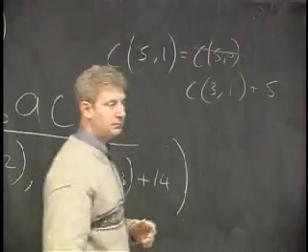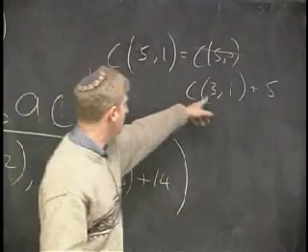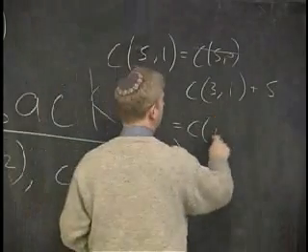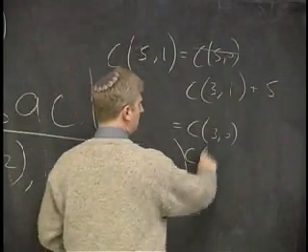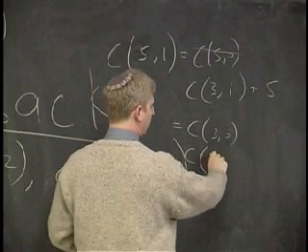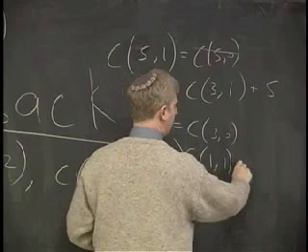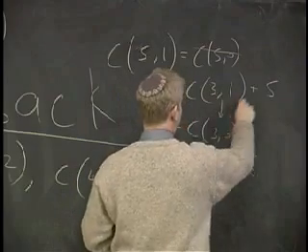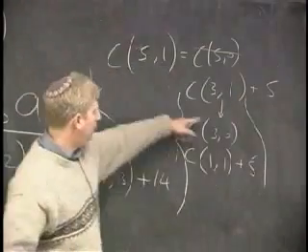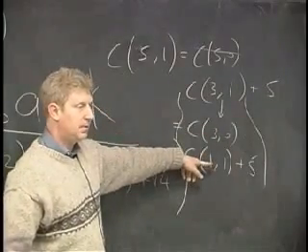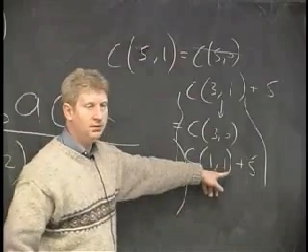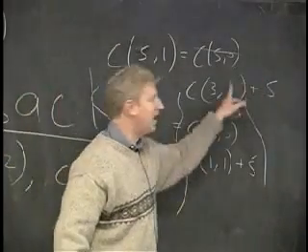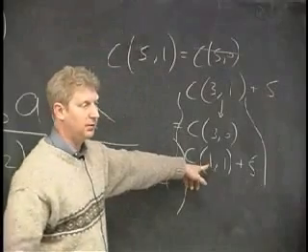And C of 3, 1 turns into C of 3, 0 or C of 1, 1 plus 5. The maximum of these two is going to be the bottom one. C of 1, 1, we'll do one more time, and you'll see what happens. But right now our maximum is 5 plus 5. We still have to calculate C of 1, 1.